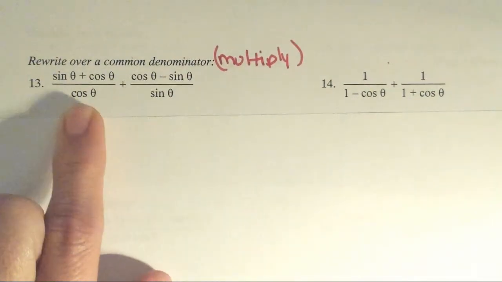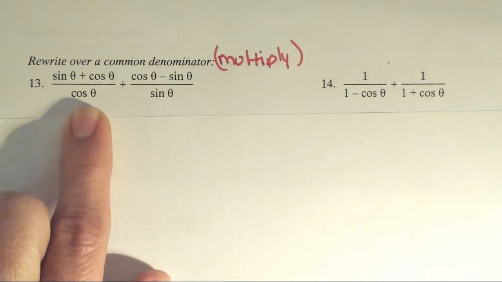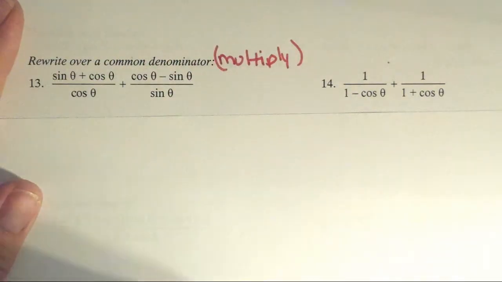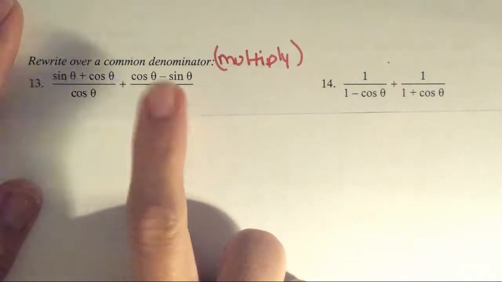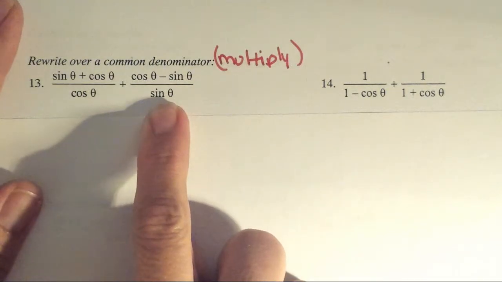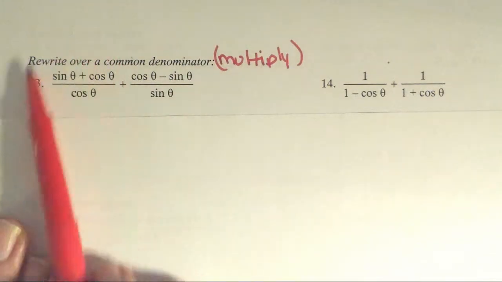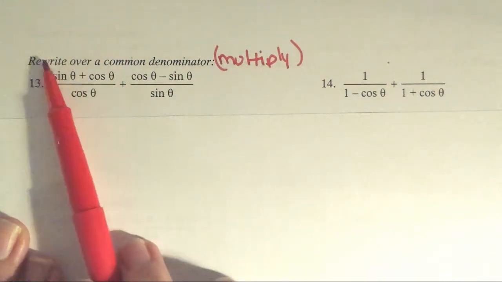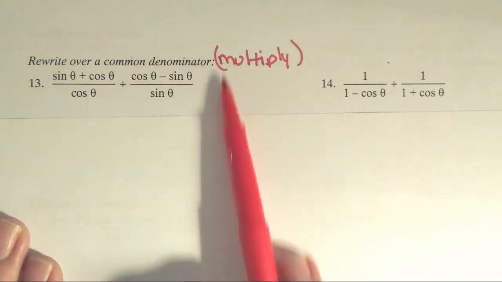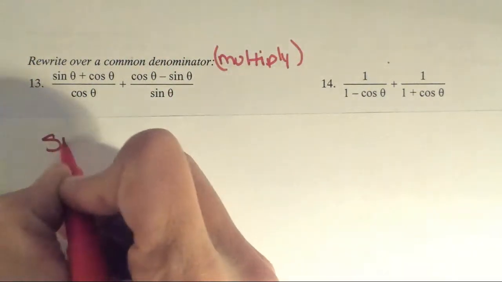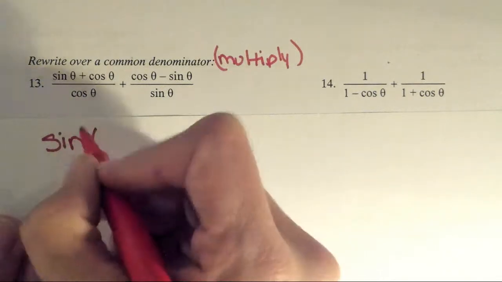Well, if I multiply this bottom one by sine to get the new denominator, I also have to multiply the top by sine. If I multiply the bottom of the second one by cosine, I also have to multiply the top by cosine. So I'm going to multiply everything on the first fraction by sine and everything in the second fraction by cosine. I'm going to go write down what I just said. The first fraction is going to get multiplied by sine.